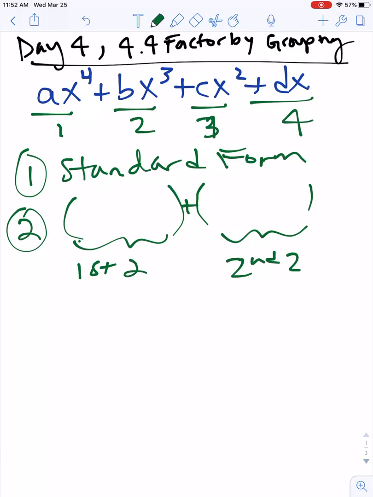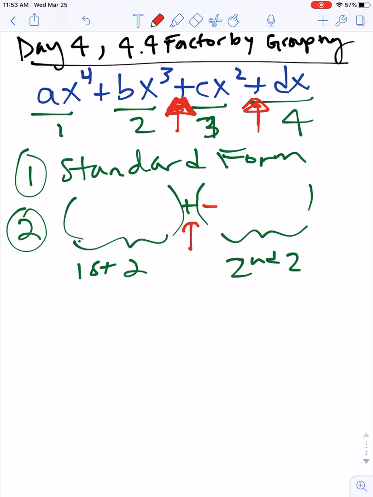Now, it's really important that I point out, in this case that we have up here, we have a plus sign there, and a plus sign here. So that's why I could put a plus sign down here in my example.